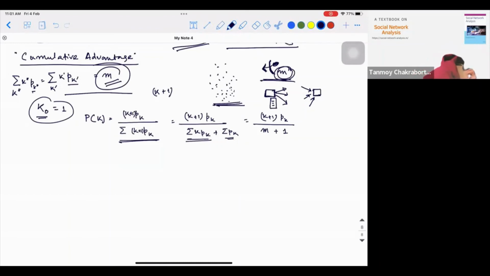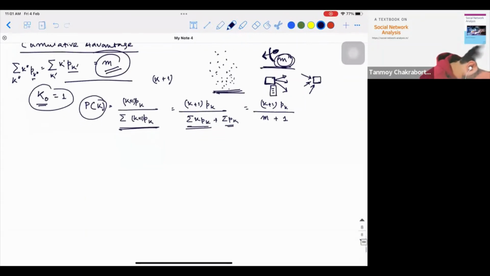Okay, so this is the preferential attachment formula. So (k+1)pk by (m+1). Okay. So now think again, let's revisit.